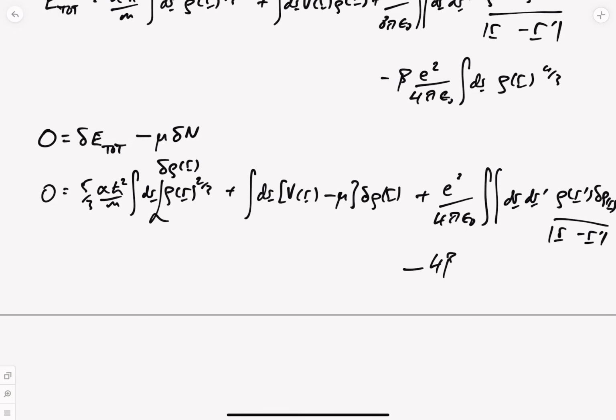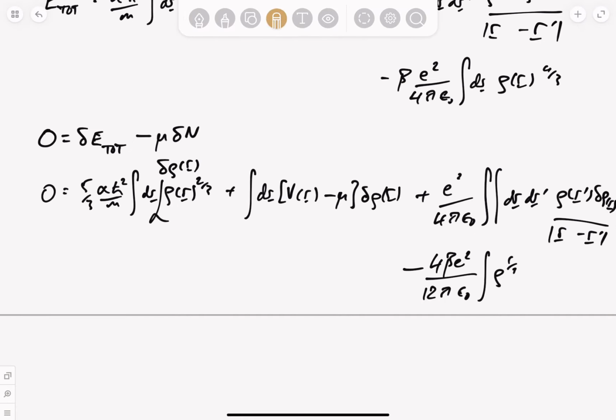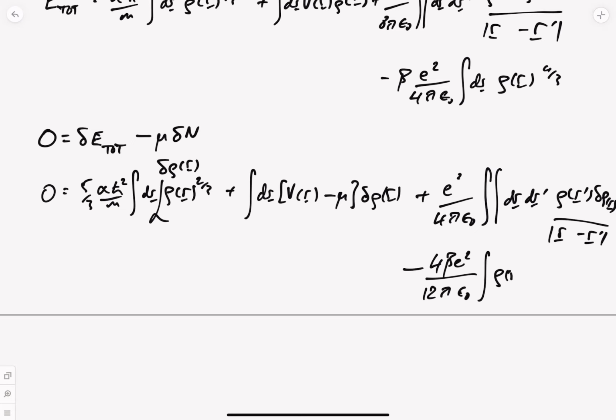Minus 4 beta e squared over 12 pi epsilon naught, integral of rho of r to the 1/3 delta rho of r dr.